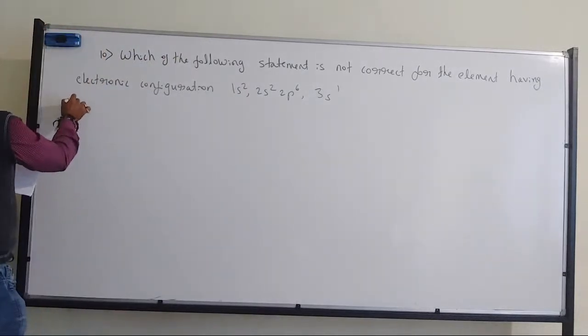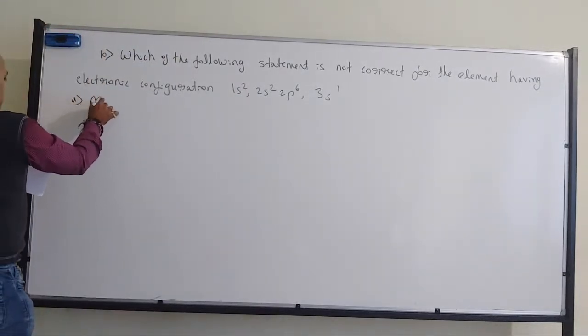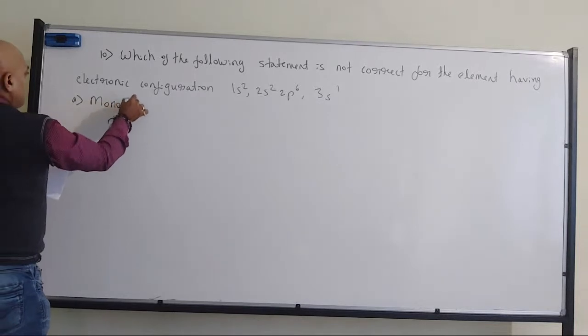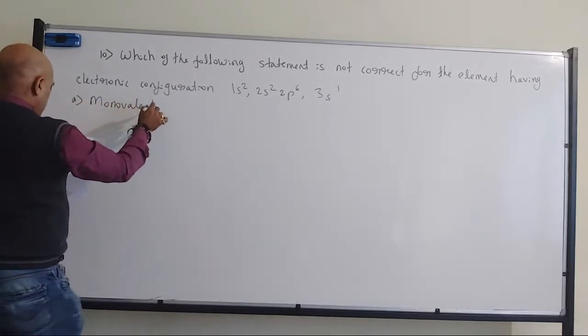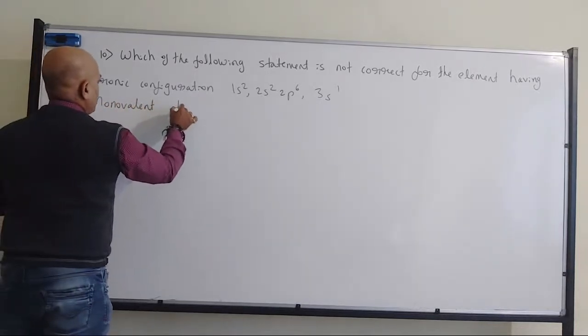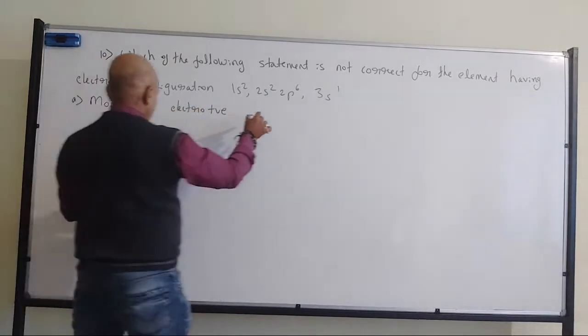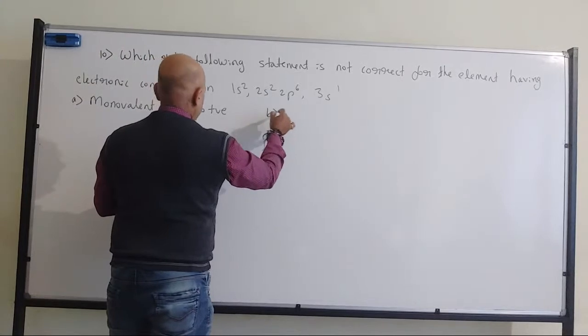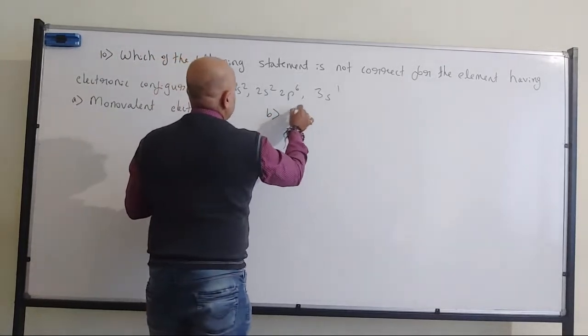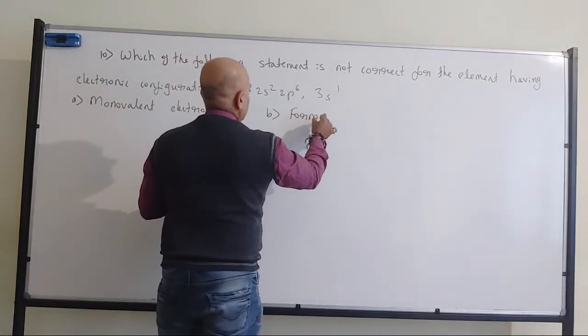Option A, monovalent electropositive. Option B, forms basic oxide.